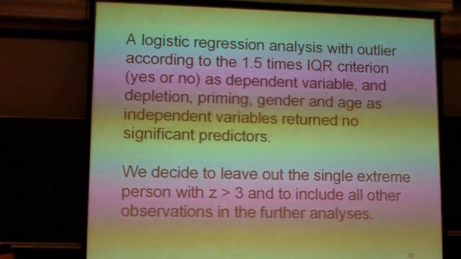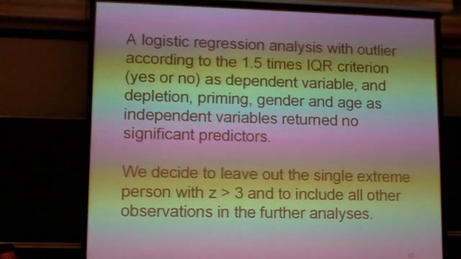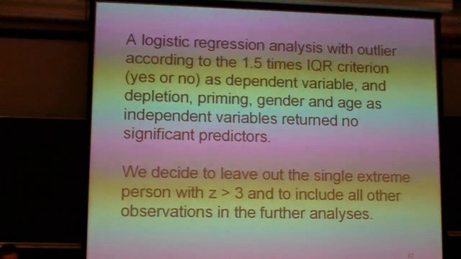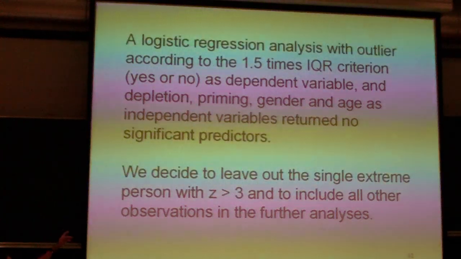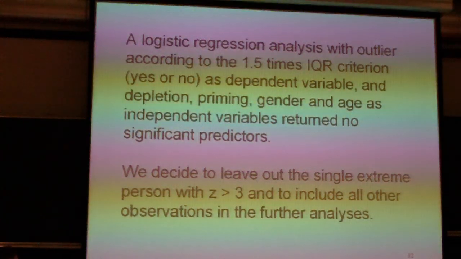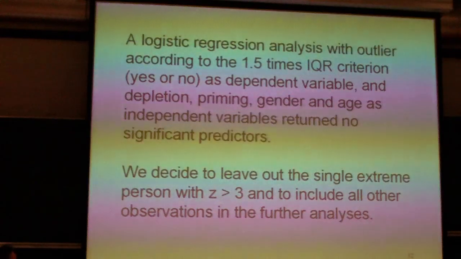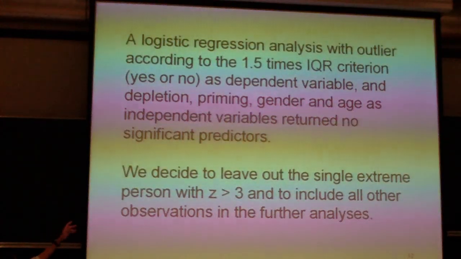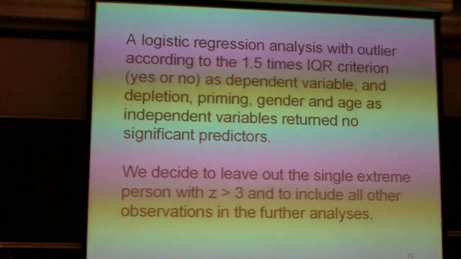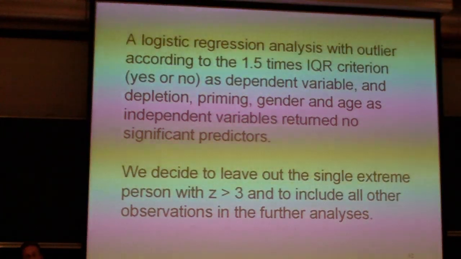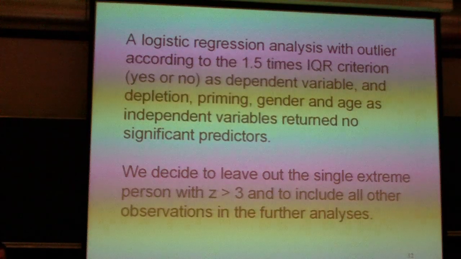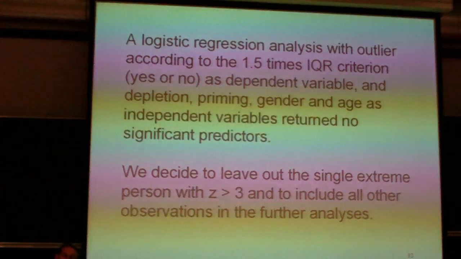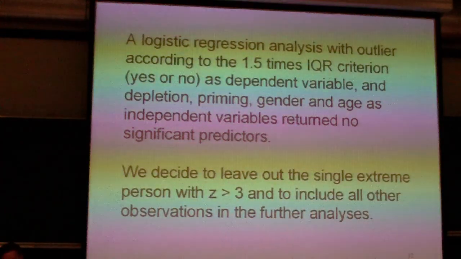So if we use as dependent variable whether or not an observation can be considered an outlier, and if we use as predictors of that dependent variable all the background variables that we have in our data file, like depletion, priming, gender, and age, then we can see if there's any significant association between some of the independent variables and the fact that we have an outlying observation or not.